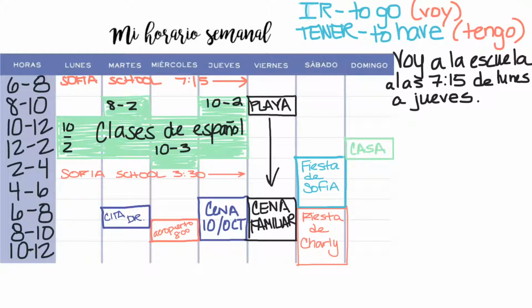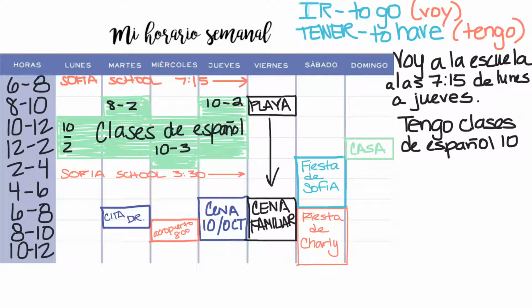So just one example of how this can be very flexible. And then I have some classes, so I'll use tengo. Tengo clases de español. More or less, it's between 10 and 3 each day. De diez a tres.